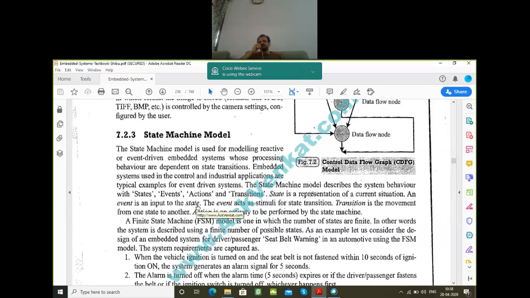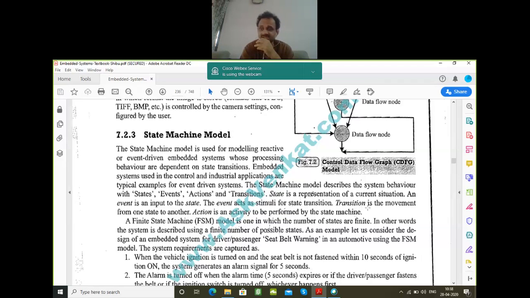You should have some input. That input is the event. Occurrence of the event is an input to the state. Next, event stimulates the state transition. That means event causes the state transition.